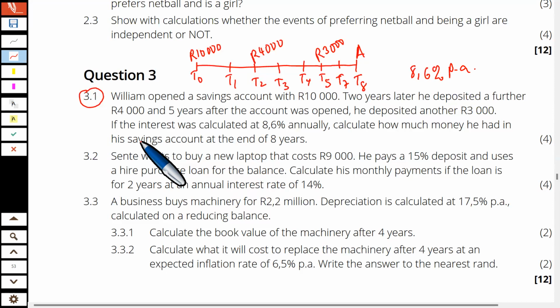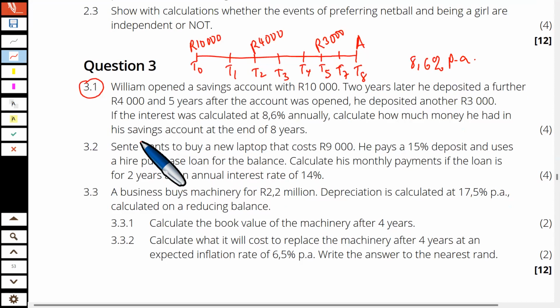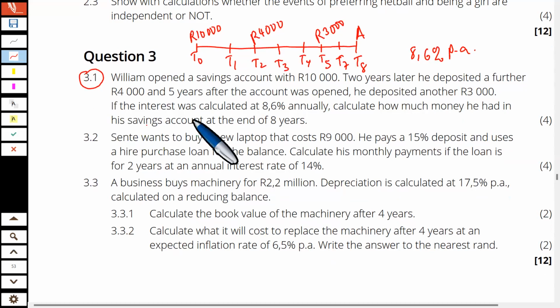So now this can be done in a couple of stages. If you want to find out how much money he had in his account, we can do it like this, in 3.1.